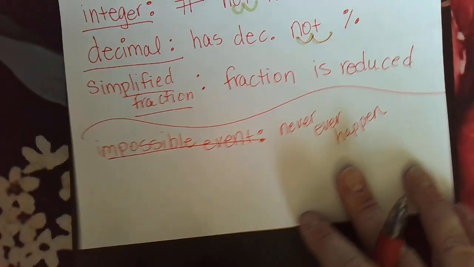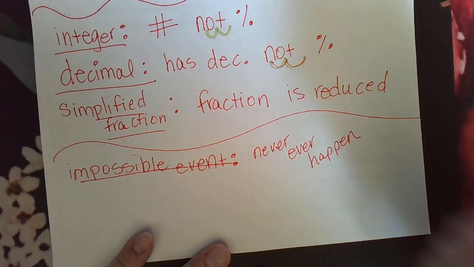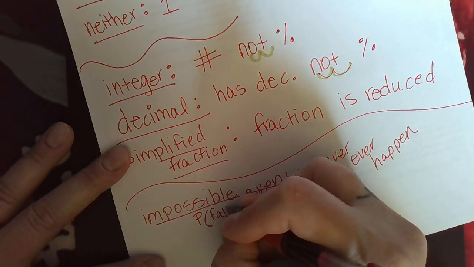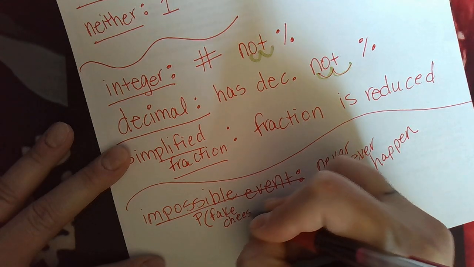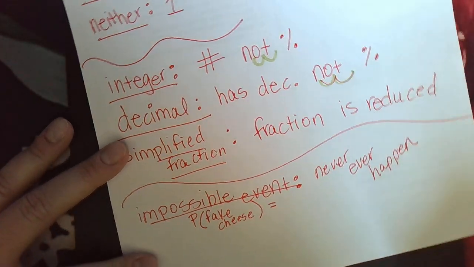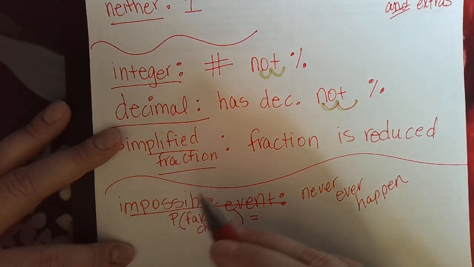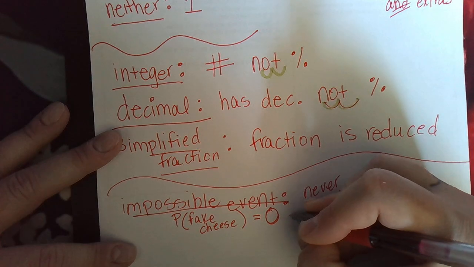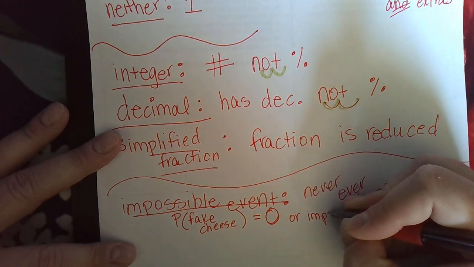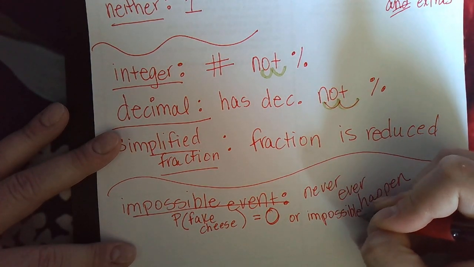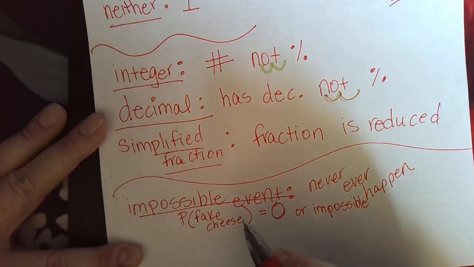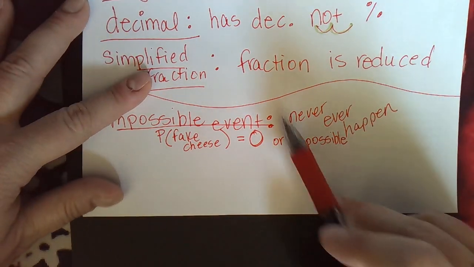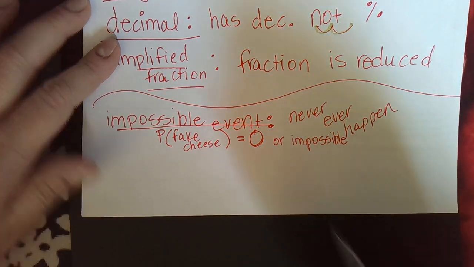Like in my house, the probability of having fake cheese in my refrigerator, because I have high cholesterol, is 0. It's impossible because it's never going to happen in my house, because I like real cheese. So an impossible event is something that will never ever happen, and you can just say the number 0.